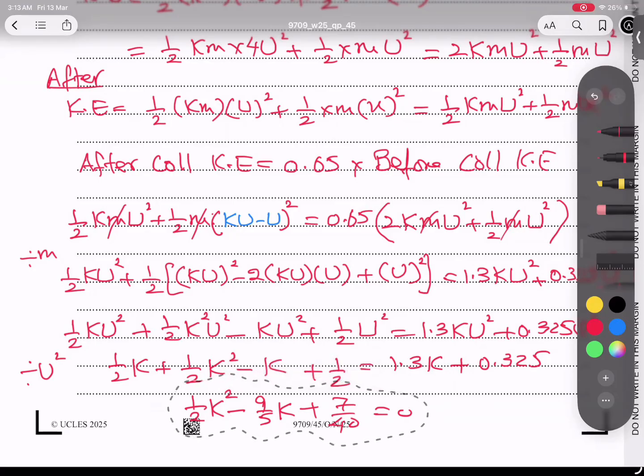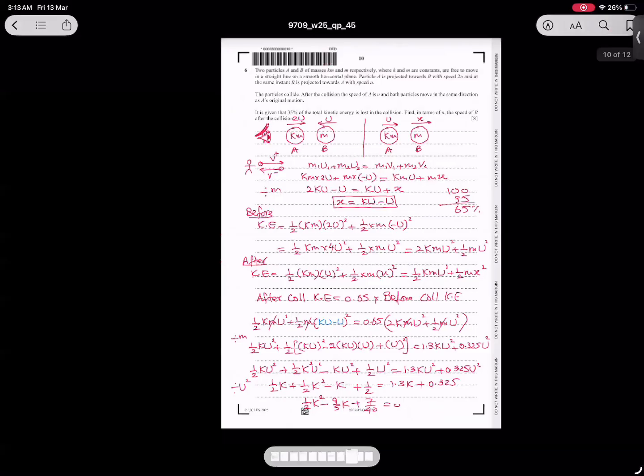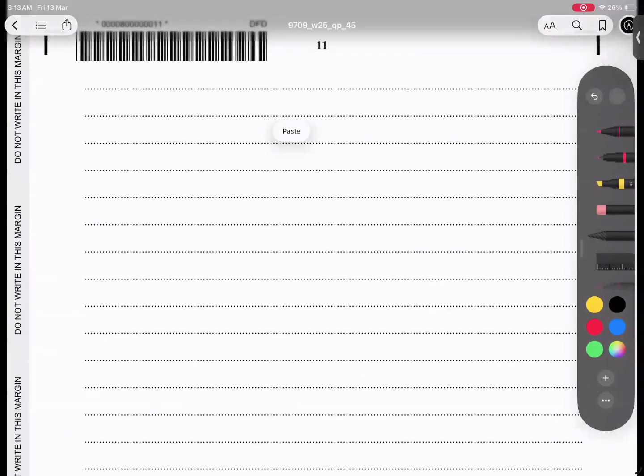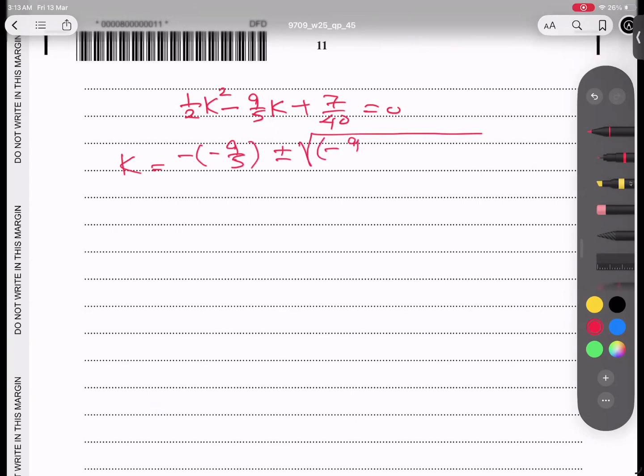I'll copy from here and paste on the next page. And now I'm going to apply the formula. The formula is negative b plus and minus square root of b squared minus 4ac over 2a.